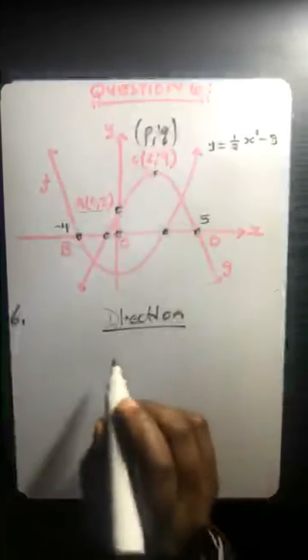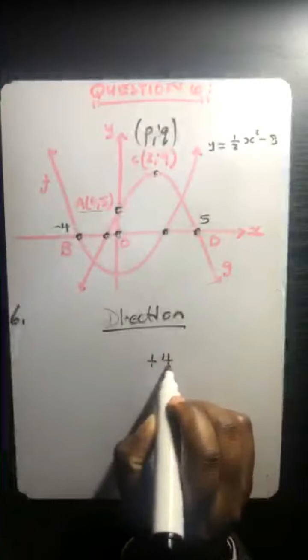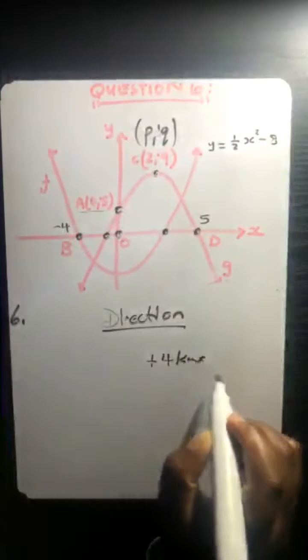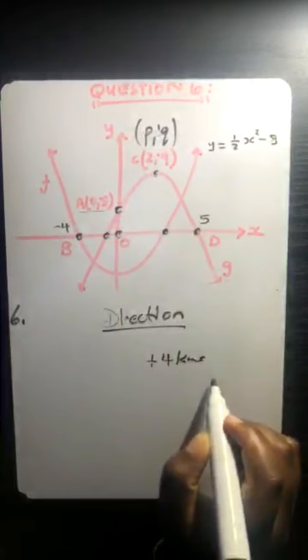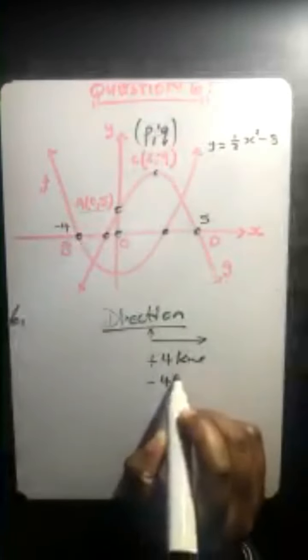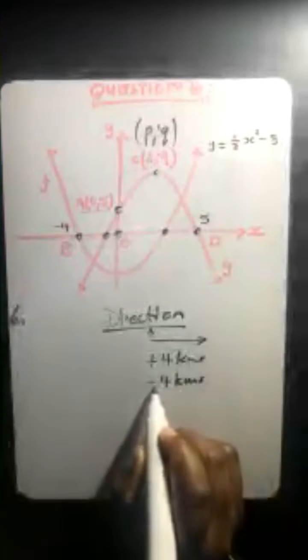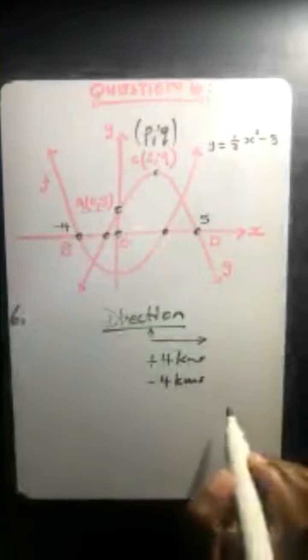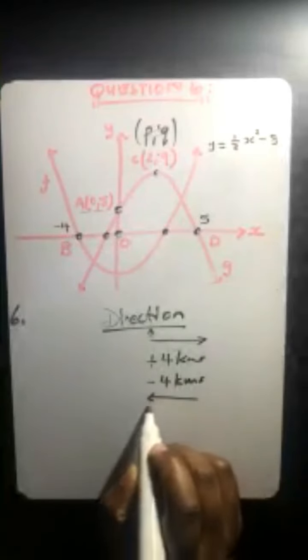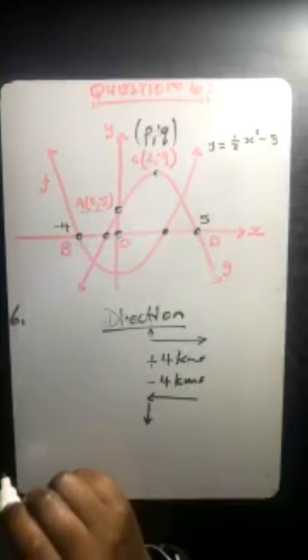If you travel positive 4 kilometers, Hamisa, it means you maybe traveled towards the right or upwards. If you travel -4 kilometers, it doesn't mean because it's negative then you did not go anywhere. It means you traveled 4 kilometers maybe towards the west or towards the south.